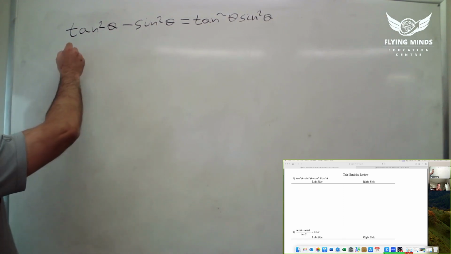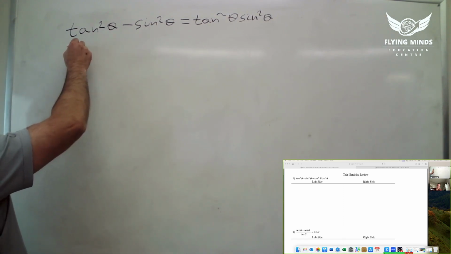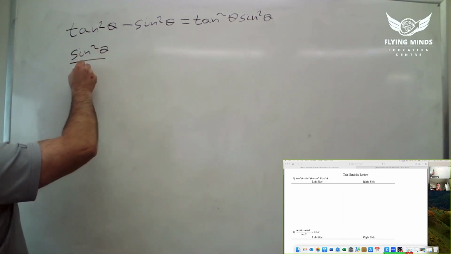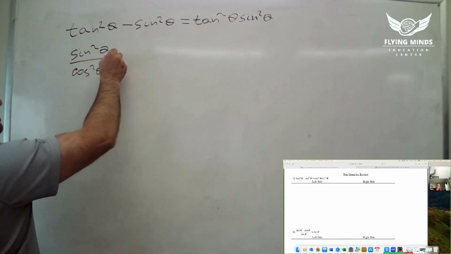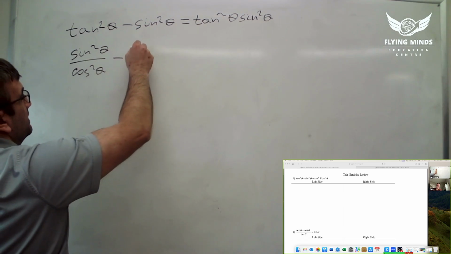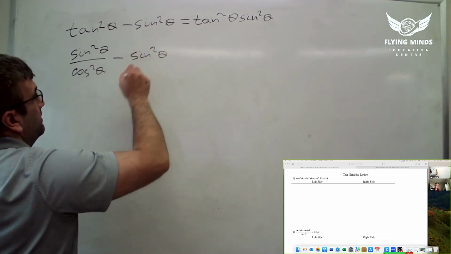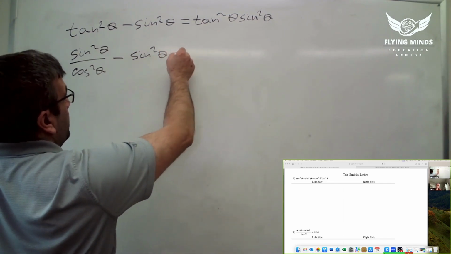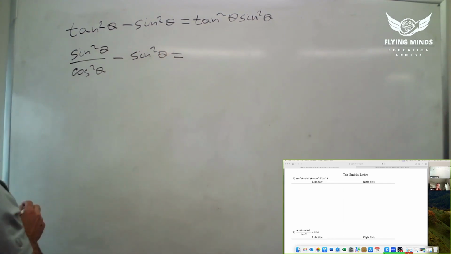So let's see. Sine squared theta over cosine squared theta minus sine squared theta. Right? Then what do we have?